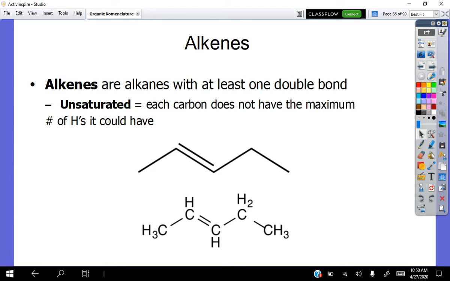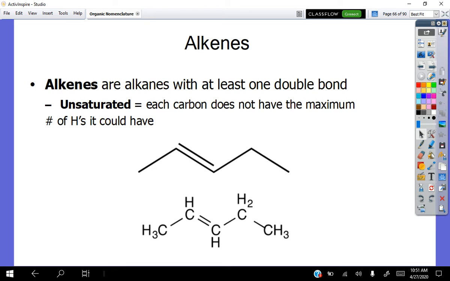So first, an alkene is the same as an alkane, but it has at least one double bond. These are referred to as unsaturated hydrocarbons. Unsaturated means that each carbon does not have the maximum number of H's it could possibly have.